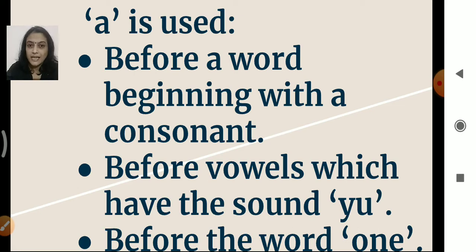Do you remember the example? We say a cow. Before vowels which have the sound U, like uniform, we use a. Then the third one, before the word one, so we get the hyphenated word like a one-eyed man, remember?